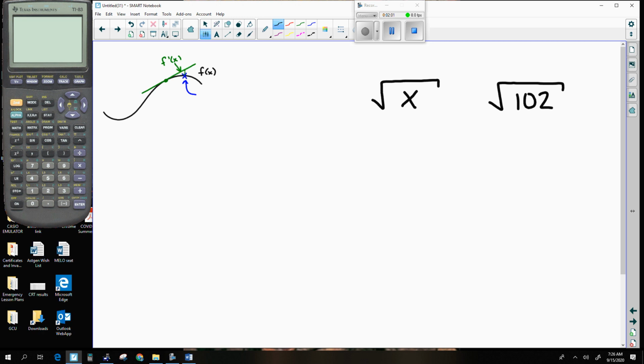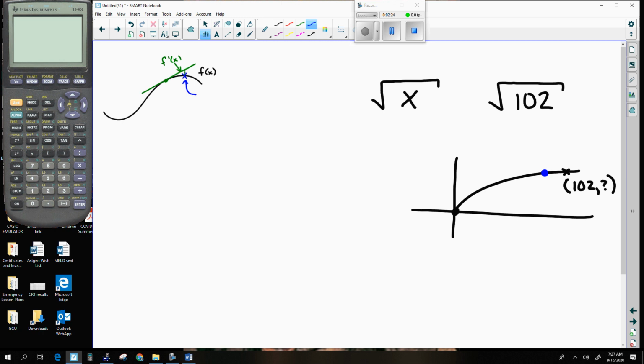So we have the square root function, and I want to know what is the square root of 102. Now, I don't know off the top of my head. So what we're going to do is take a tangent line substantially close, and use our tangent line as an approximation.